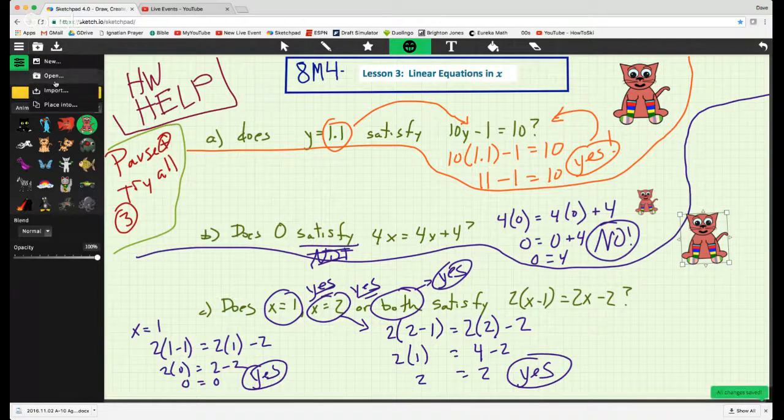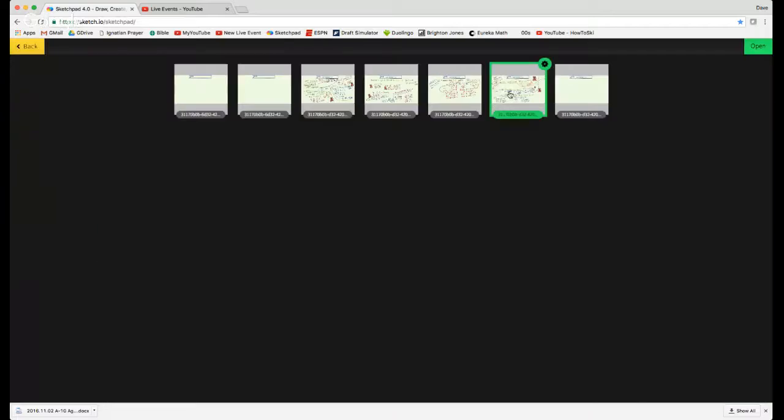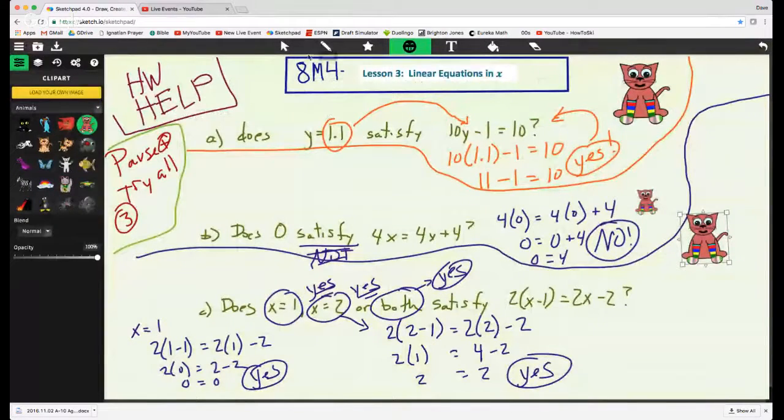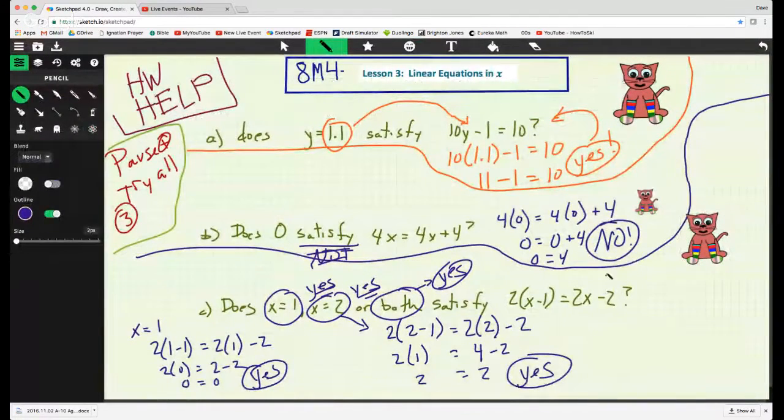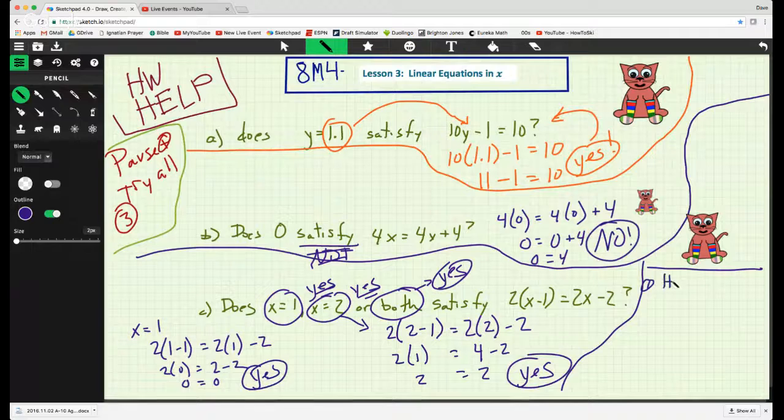So what have we learned? In this lesson, the first thing we learned is how to test whether a number satisfies an equation.